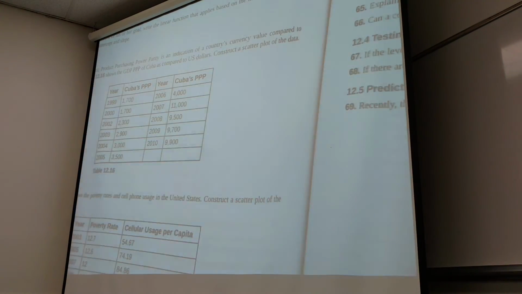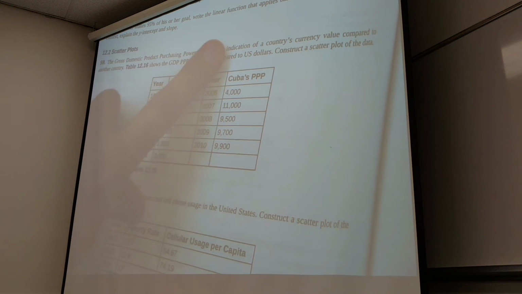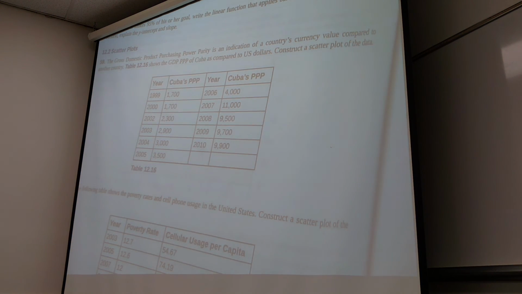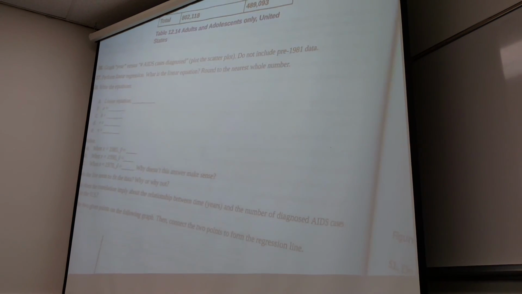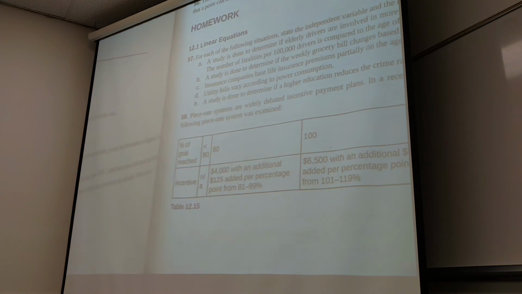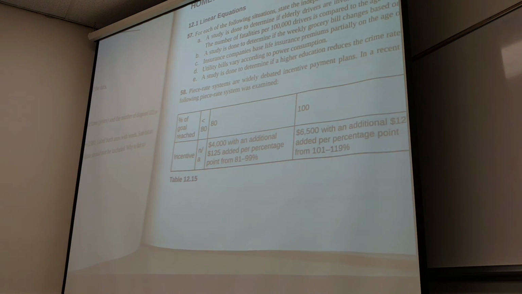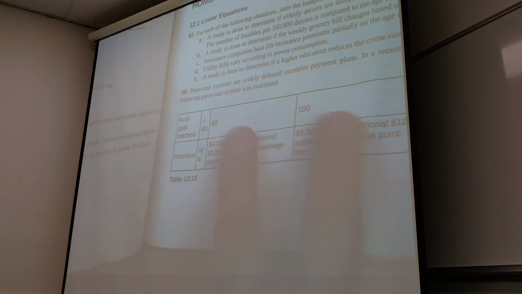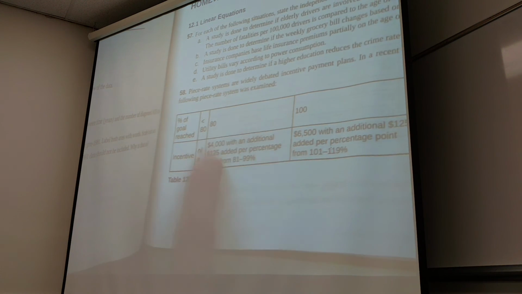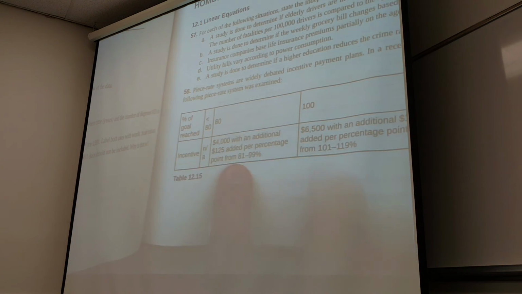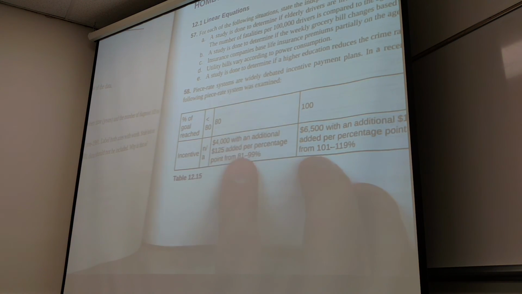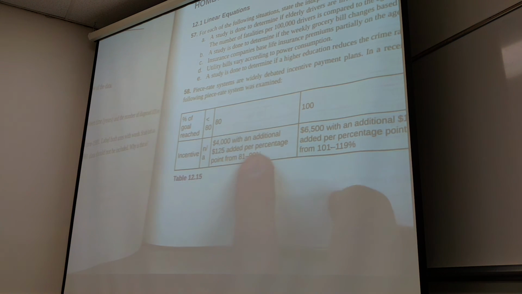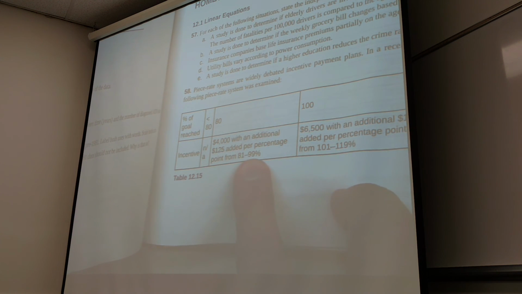If a loan officer makes 95% of his or her goal, write the linear function that applies. So where am I on this chart if I'm at 95%? In between 80 and 100. I like it. So that means this applies. Between 80 and 100, this is what's happening. 81 to 99% right there.